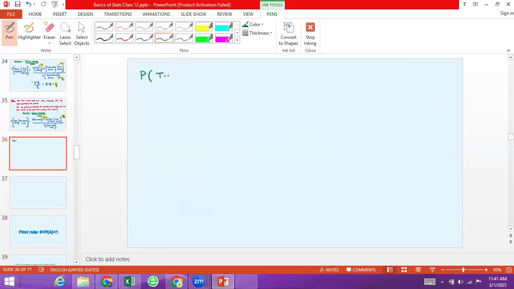Very nice, right? So we'll talk about the test being positive. There are two scenarios in which the test can come positive, just like there are two ways in which a drawn ball can be black. The first scenario is that you have COVID and the test was right.